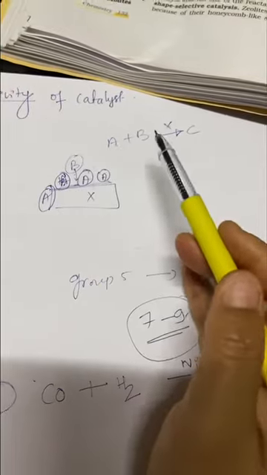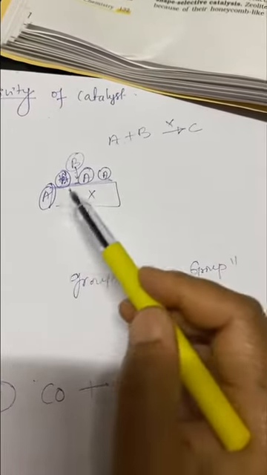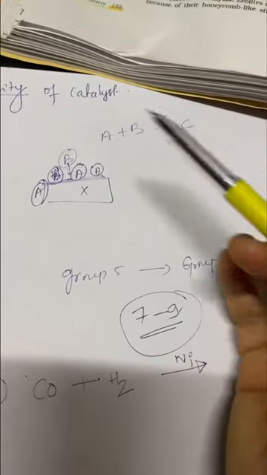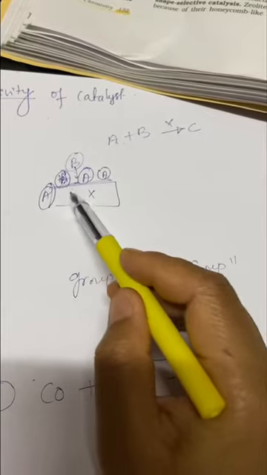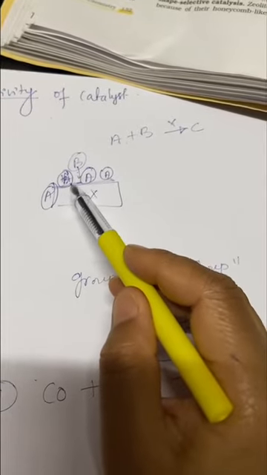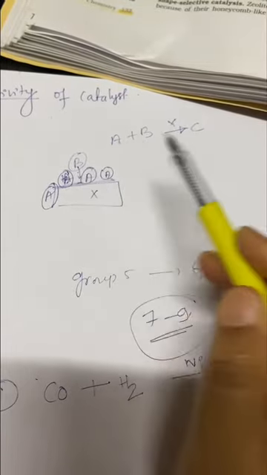Then B won't get space here, meaning it will not get a chance to react with A. So in a heterogeneous catalytic reaction, there has to be a medium where your A and B will react and give the product. This is why the strength of adsorption must not be that strong, so that it won't leave no space for the other reactant.